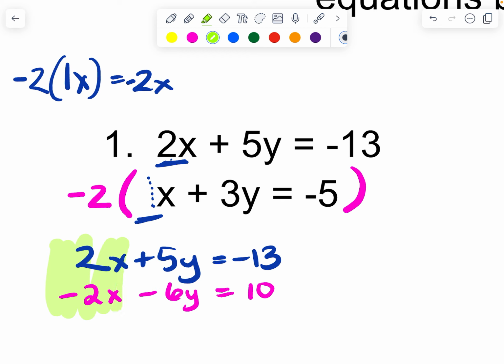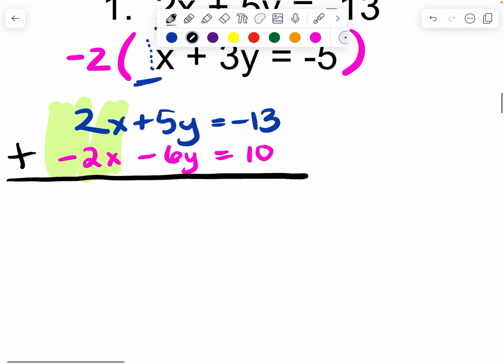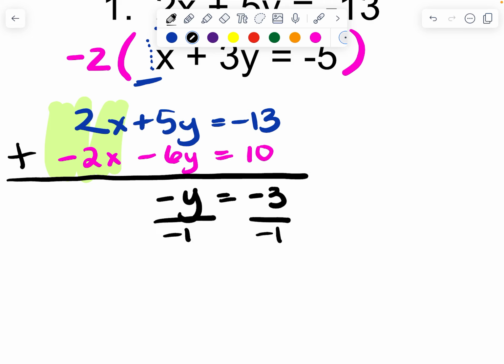That means if I add these two equations together, we are going to eliminate the x's. So now I'm left with negative y equals negative 3. I divide by negative 1, and I get y equals 3.